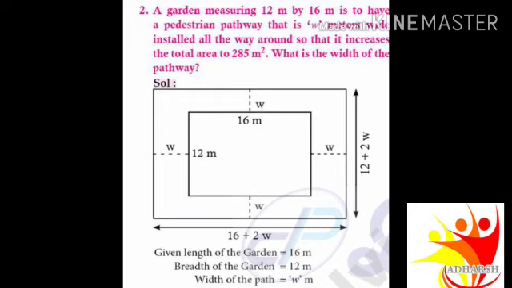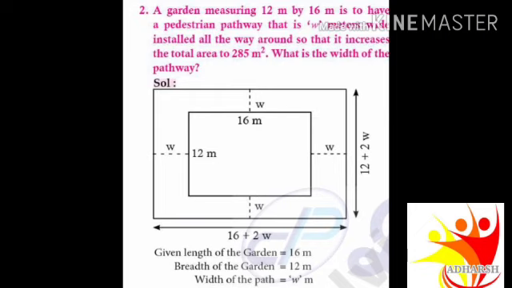What is the width of the pathway? First we draw a diagram. 16 meter length, 12 meter breadth, the inner rectangular garden. And second one, the pedestrian path increases the garden.